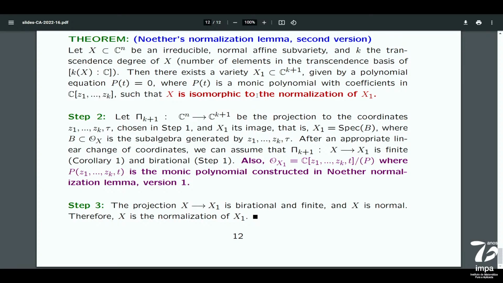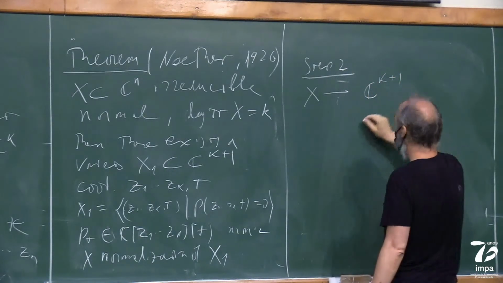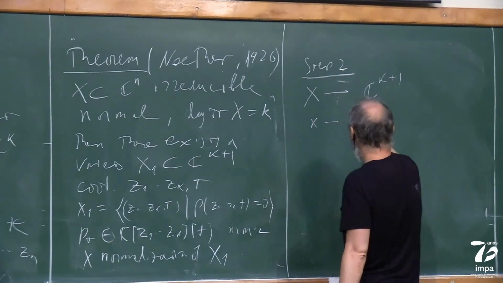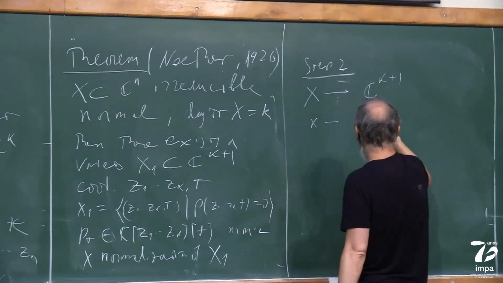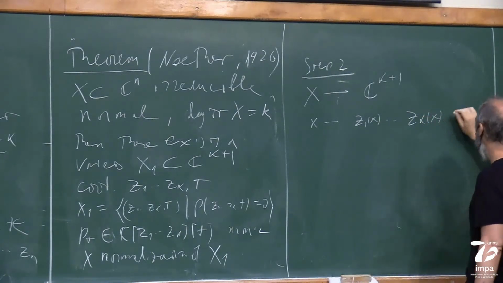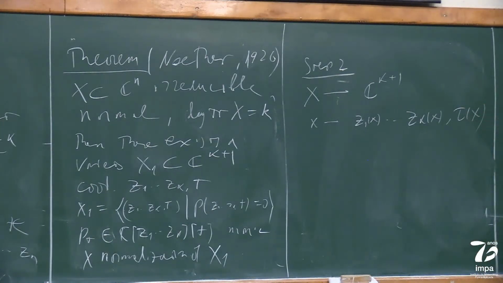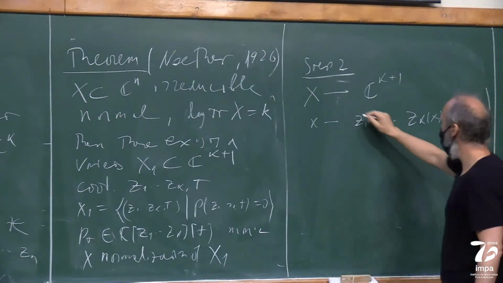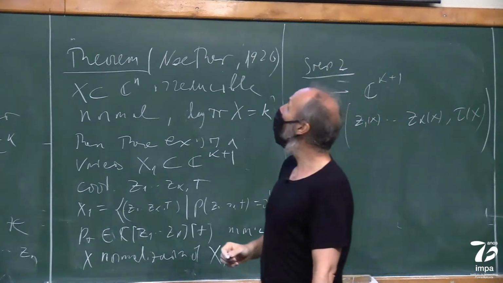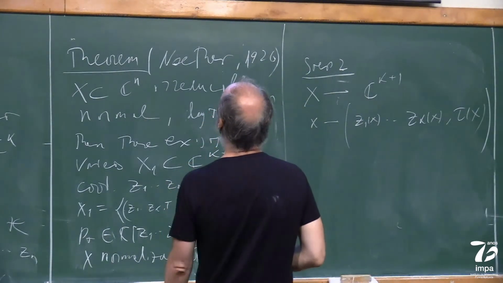So step 2, we take a projection x to C^(k+1), taking x to z1 of x, ..., zk of x and tau of x. Now this projection induces an isomorphism on the fraction fields.